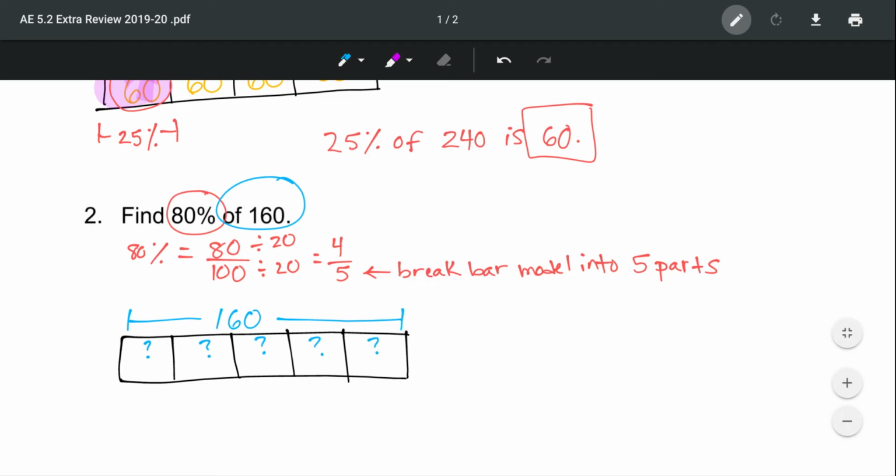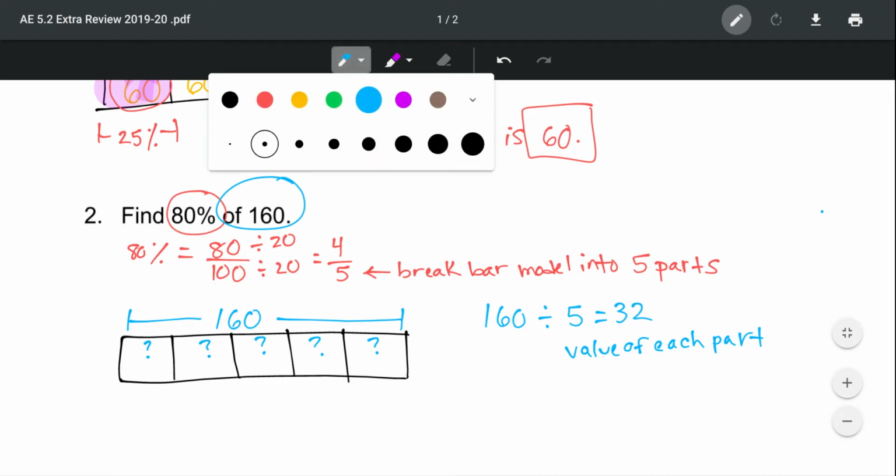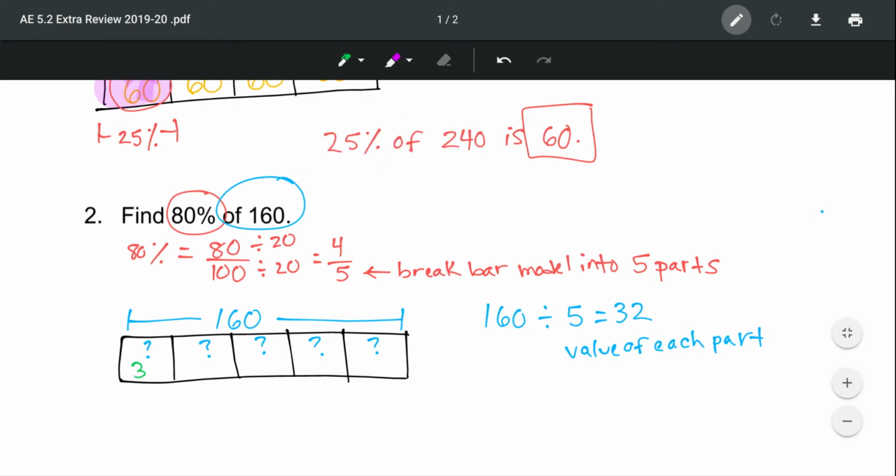We want to divide 160 by 5 to get the value of each part. The value of each part is 32, so I'm going to label each part in my bar model as 32.